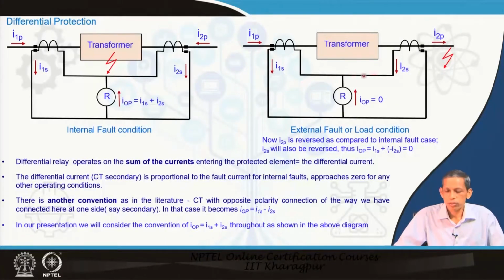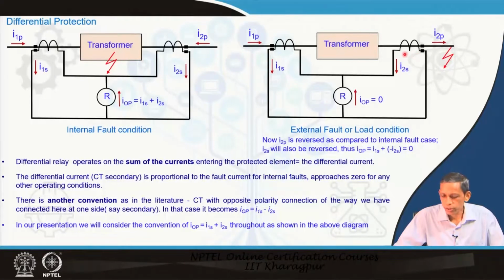Now, come to a situation of an external fault or loading condition. Then the current is flowing away from the transformer on the secondary side. So, with the same polarity of connection as in the earlier case, the current is reversed as compared to that, and the corresponding current in the CT is also reversed.